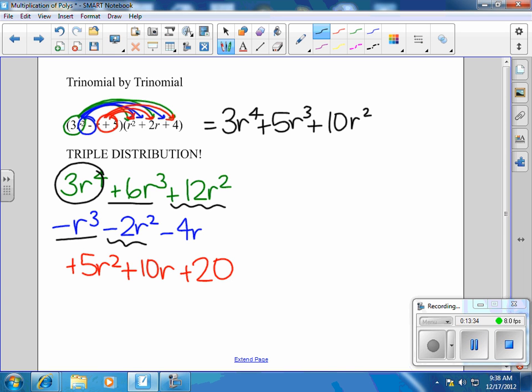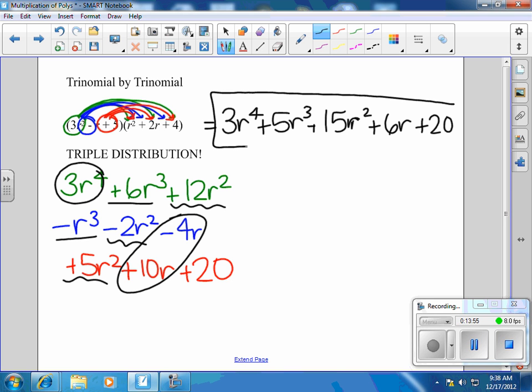Oh, I have one more r squared. So this gives me 15r squared. And then just plain old r's. I have these guys here, so I end up with 6r plus 20. No one to combine with. And we're done.